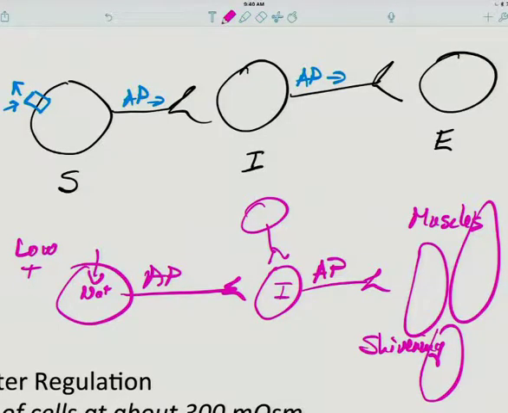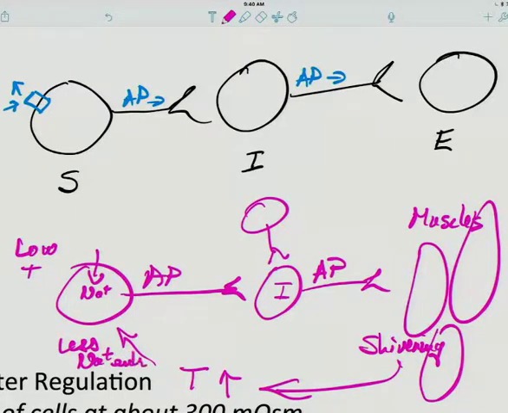So the low temperature causes increase in sodium in, action potential, shivering. That increases the temperature, and it decreases sodium entry. It's a negative feedback system for homeostasis. Okay, make sense?